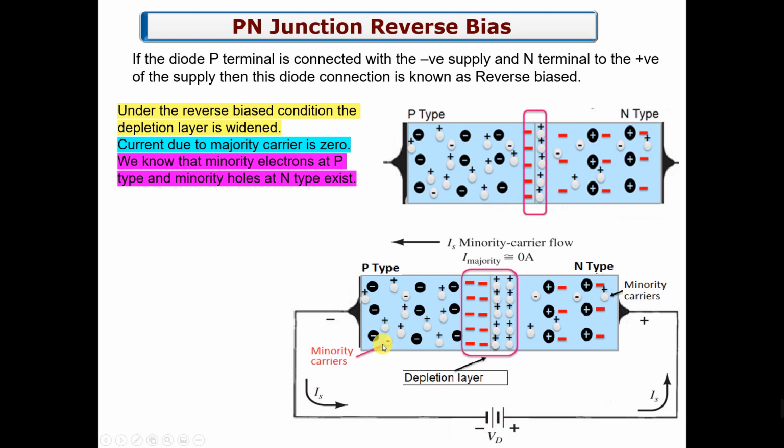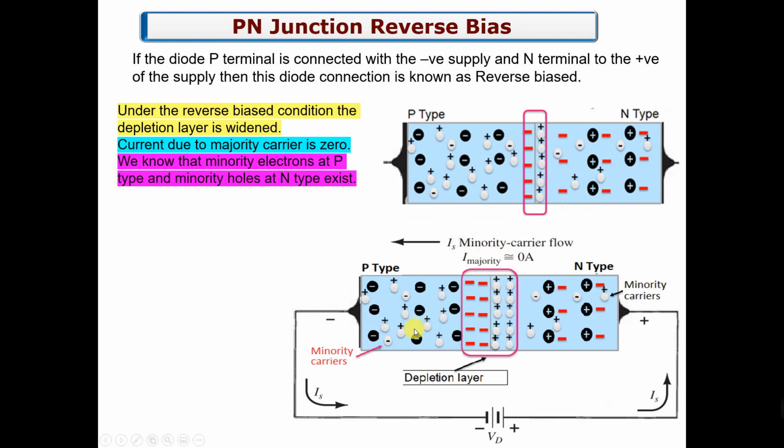So it's possible that there will be some flow of charges, but this time the flow of charges is from this direction to this direction. So the minority carrier flow is in the opposite direction, and the majority carrier current is approximately zero, or almost zero.